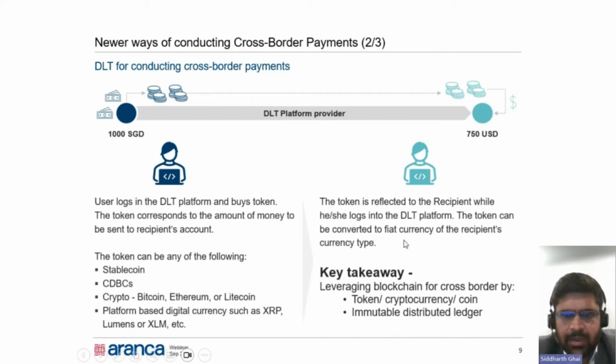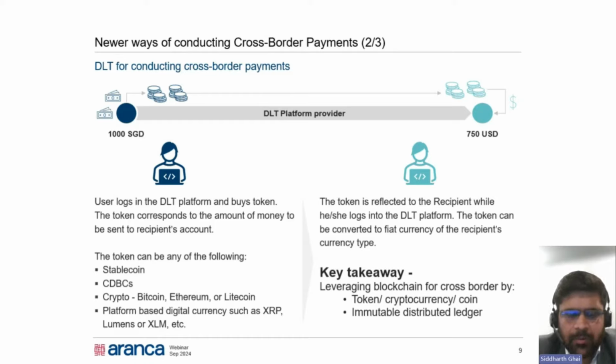One is that we leverage the distributed ledger, and also we understand what the token is in this particular area. Once the user logs into the DLT platform, it buys a token. The token is transmitted through a DLT platform to the recipient, and the recipient can convert it to the fiat currency, or it can utilize the same token for doing the transactions.